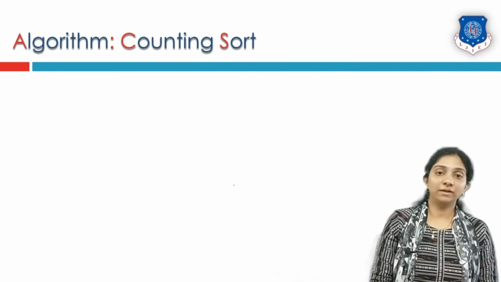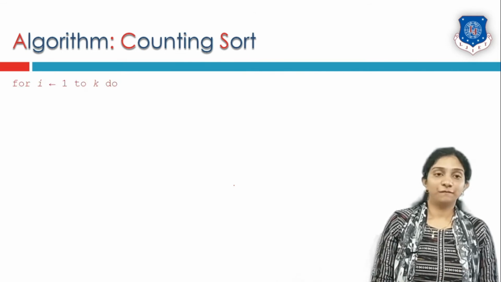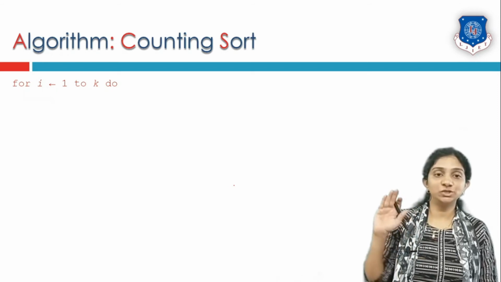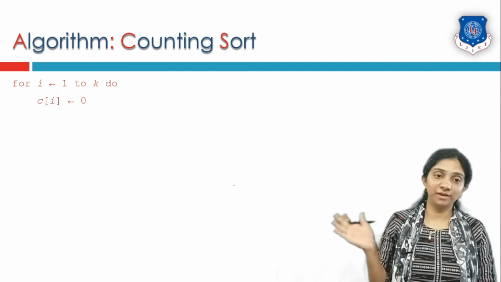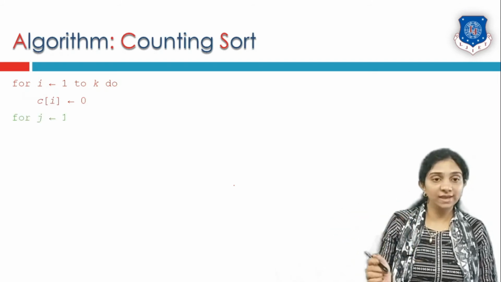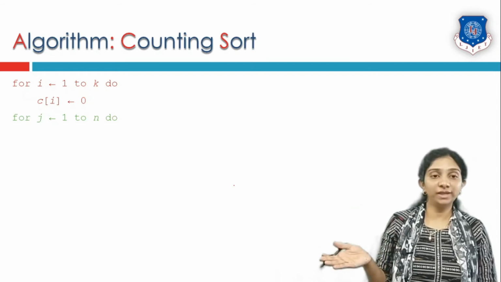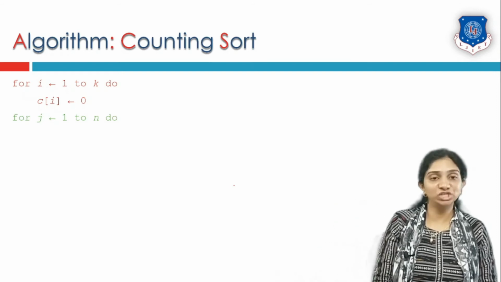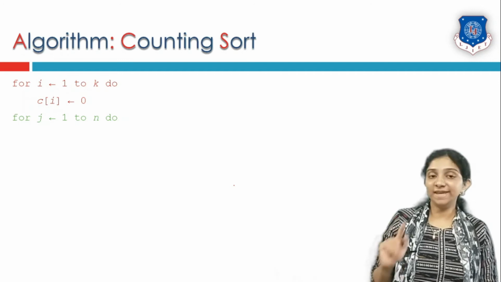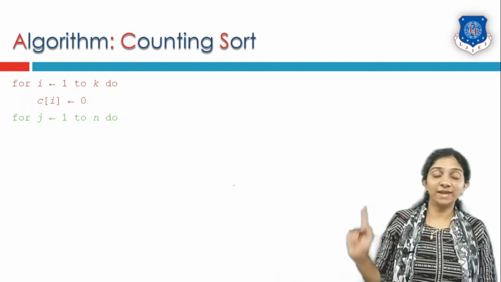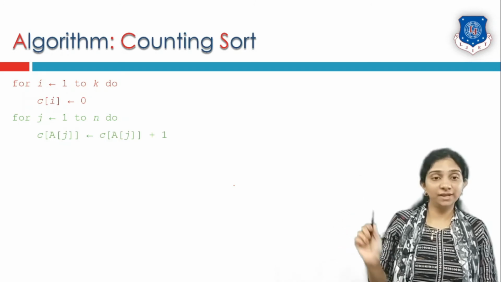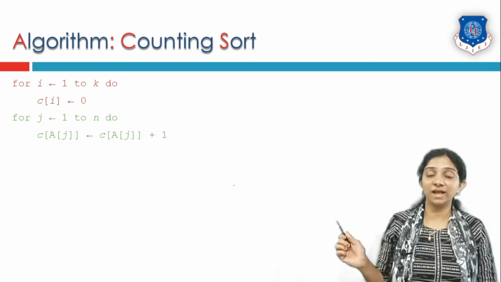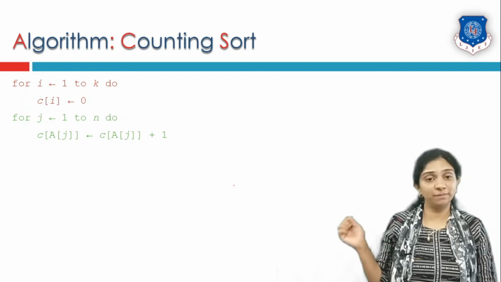Now let us see the algorithm for counting sort. For i = 1 to k, that means from the first element to the kth element, where k is the largest element from the input list. So from 1 to k, every element of count array C is initialized to 0. For each element j = 1 to n, C of A of j is calculated as C of A of j plus 1.